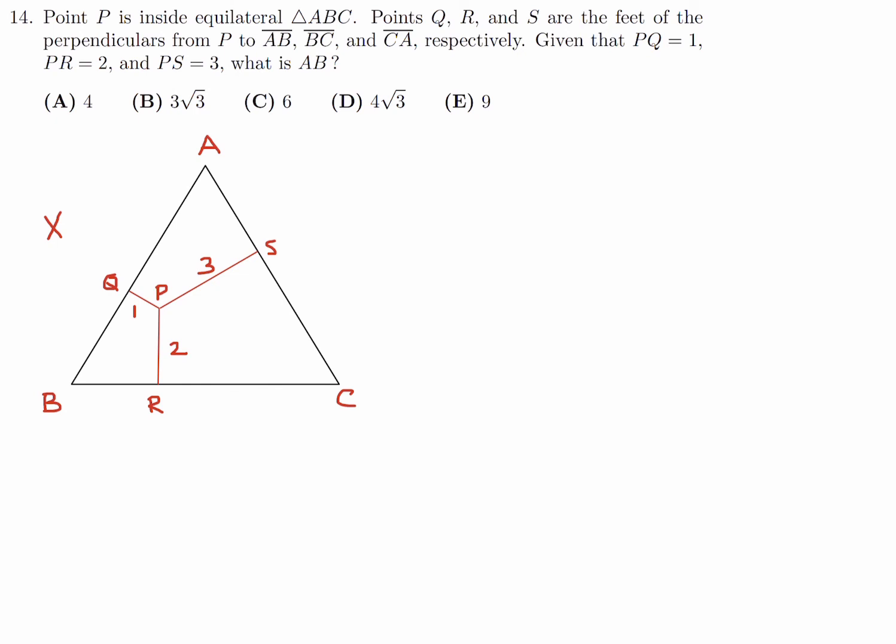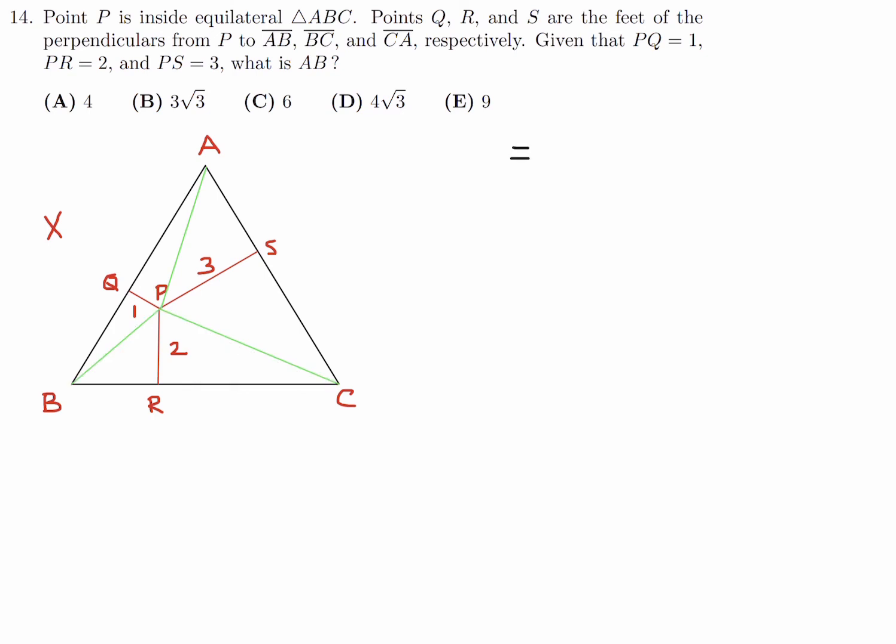What you do is you draw lines from P to each of the corners. When you do that, you will see that it splits up into 3 triangles. The 3 triangles are APB, APC, and BPC.